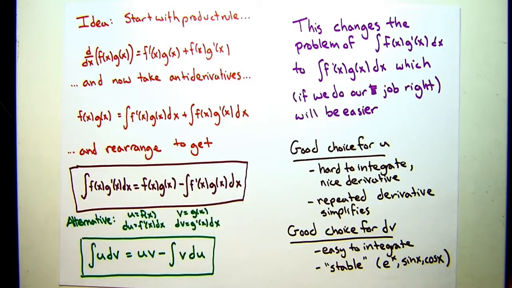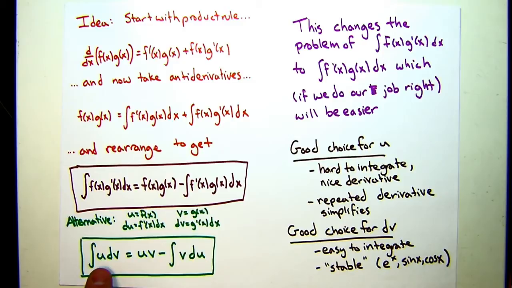Now, the question is, how do we know if we're doing our job right? Well, practice. But really what we should be seeing is progress towards a simpler integral. In calculus, it's oftentimes several steps, reducing, simplifying. We're trying to get to something simple.